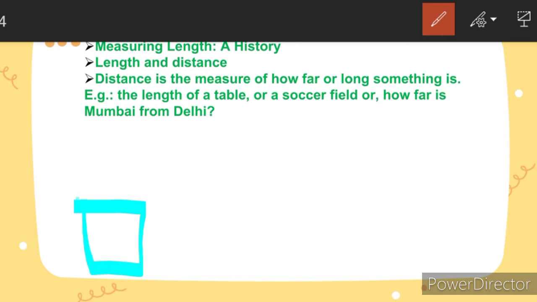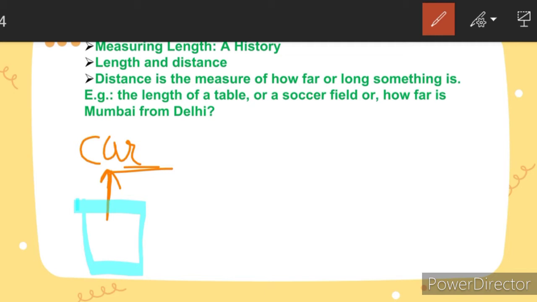Here is a box. Let us take this as a car. So here is a car. The car has to move, because why do you use a car? You use a car to go from one place to another, right?